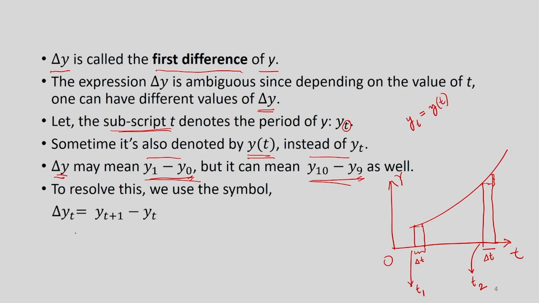Okay. So, this is the thing that we use, that delta t. What is meant by delta t? Delta t is equal to y t plus 1 minus y t. So, the change in time is taking place by 1 unit. With respect to that, the change in y is taking place, right?